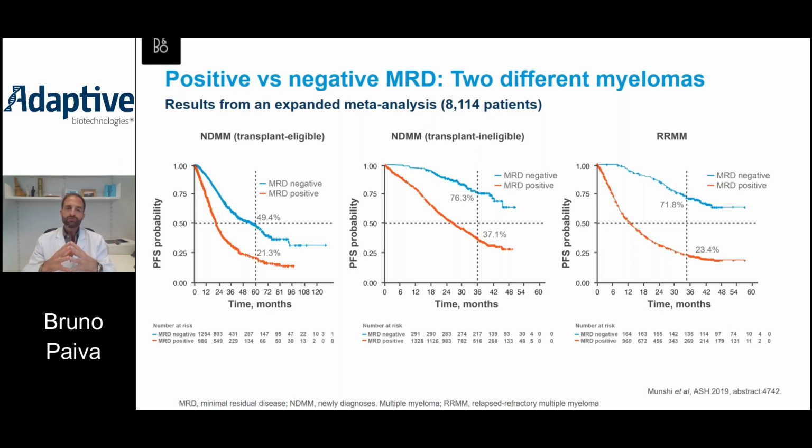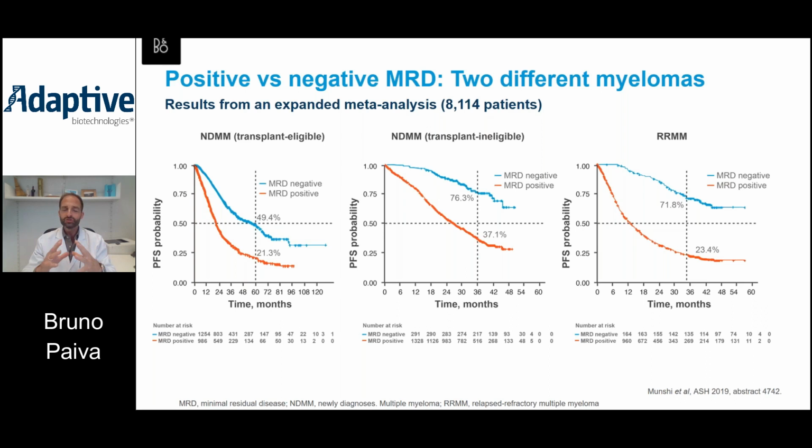If you look to the outcome of patients with positive MRD, it's quite similar throughout disease settings. However, paradoxically, the outcome of patients with a negative MRD result is somehow superior in transplant ineligible and relapsed refractory as compared to newly diagnosed transplant eligible.